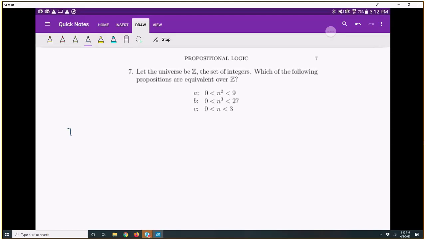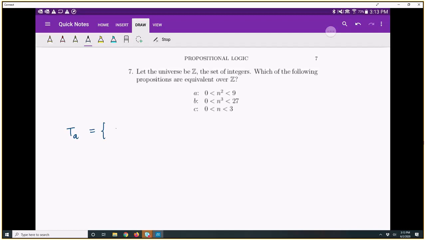So let's think about the proposition A. A is the proposition 0 is less than n squared is less than 9. Our universe is the set of integers. That includes positive and negative integers. And we're looking for integers such that when you square them, they're between 0 and 9.